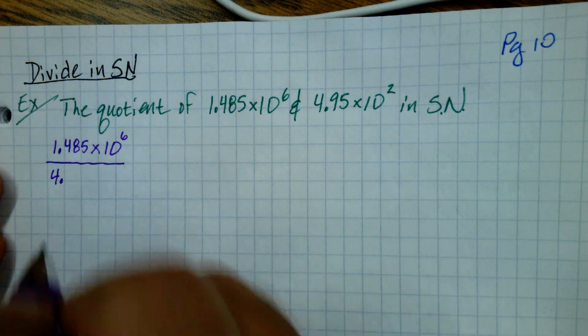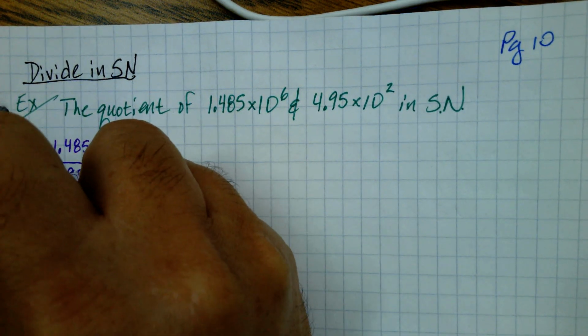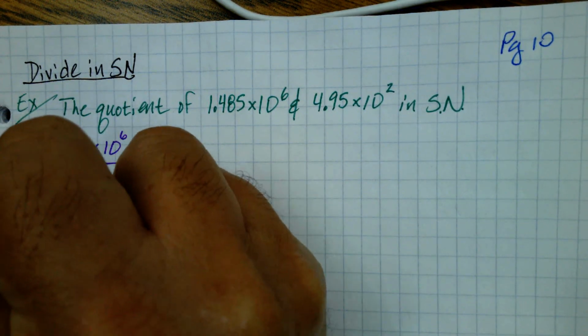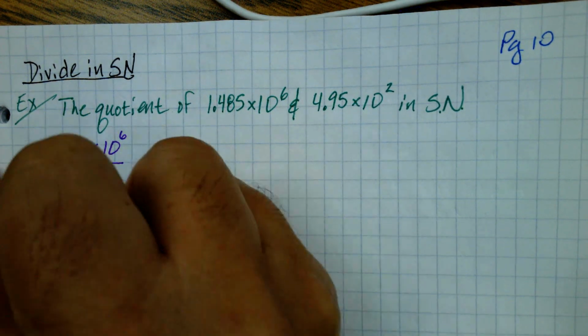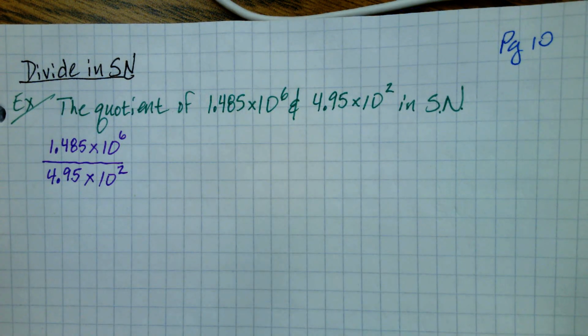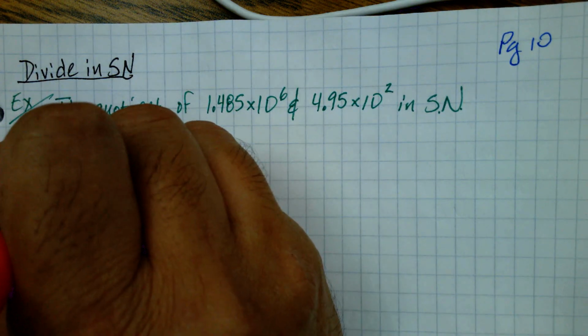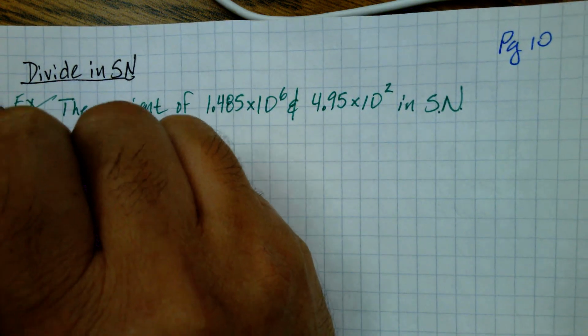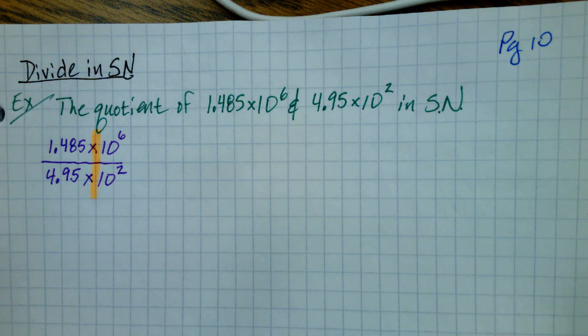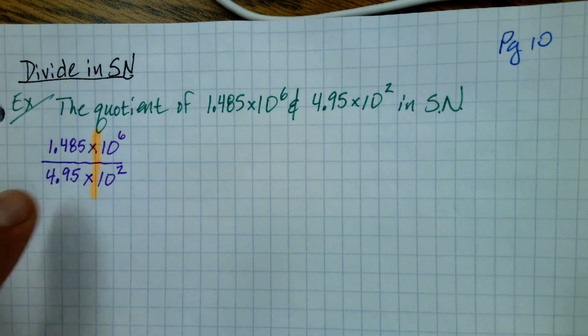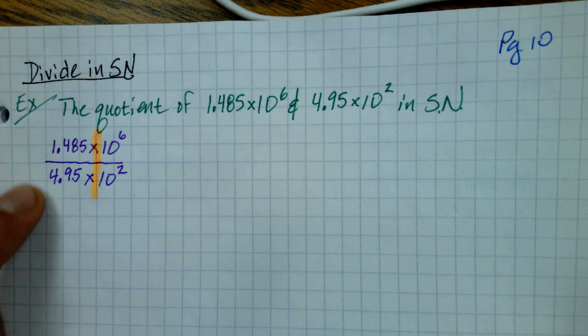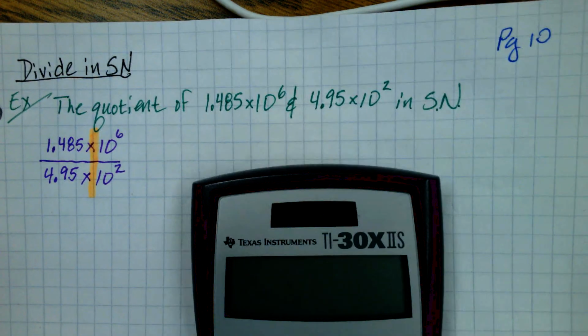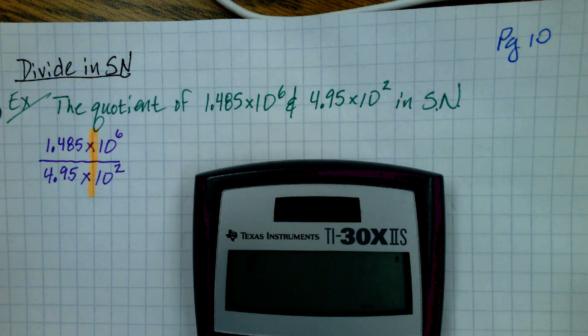I'm going to write that one. Now, what we're going to do is this is going to be kind of our barrier. On the one hand, we want to divide these numbers. Okay, so let's get the answer to that.